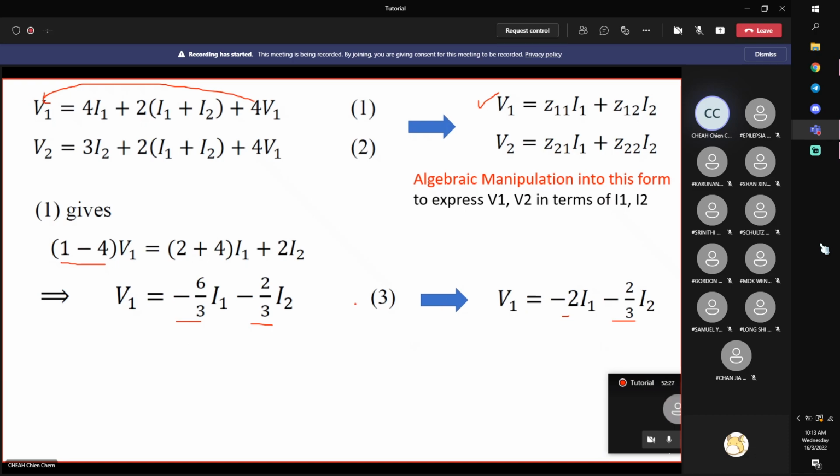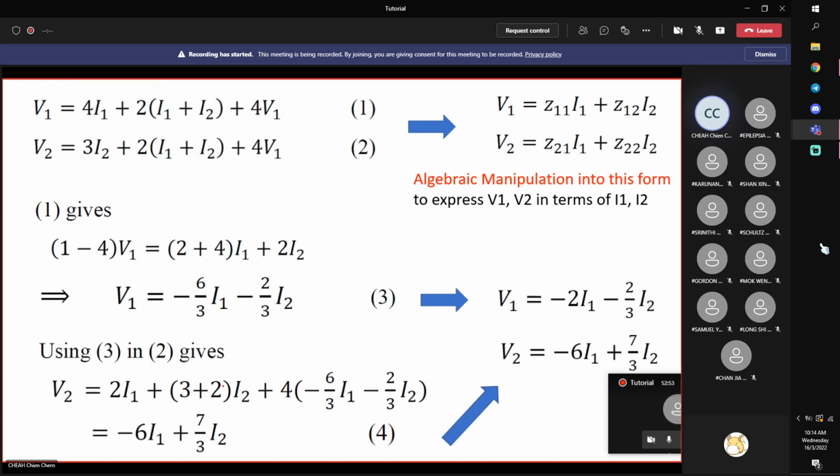After you get these equations, then look at the other equations. You want V2, so no problem. And you want I1 and I2, no problem. But I do not want V1. Therefore, I substitute V1 in terms of I1 and I2 into it.